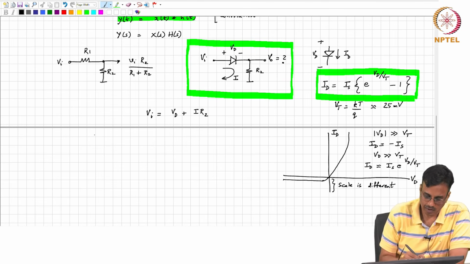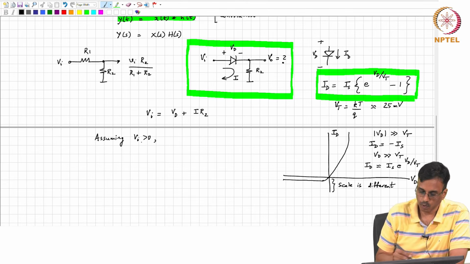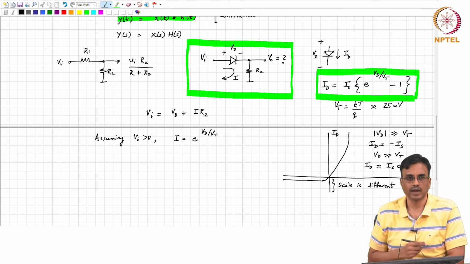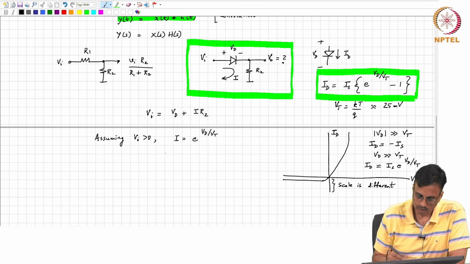So, assuming Vi is greater than 0, it follows that I is exponential in Vd over Vt, where we neglect the negative 1, and therefore, what comment can you make about Vd?